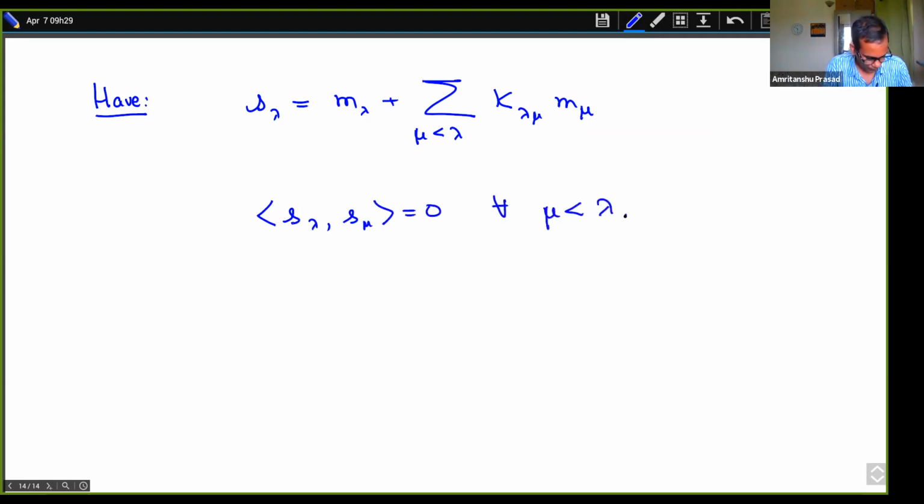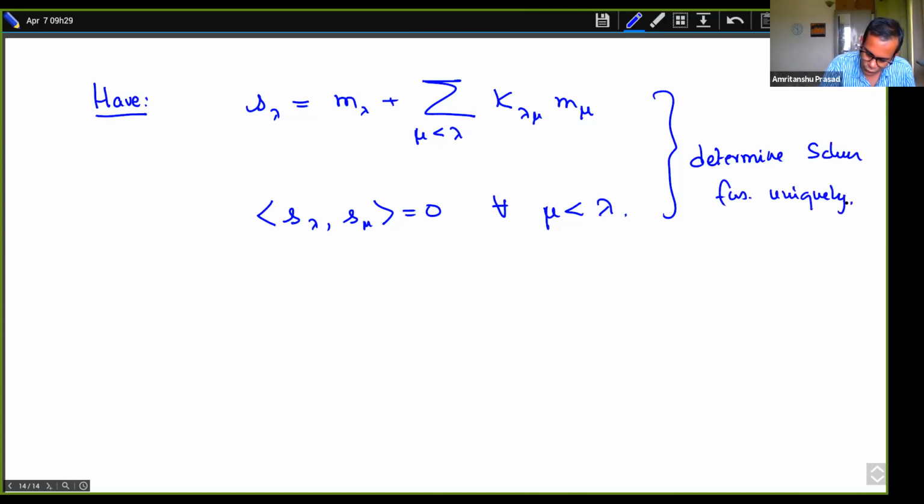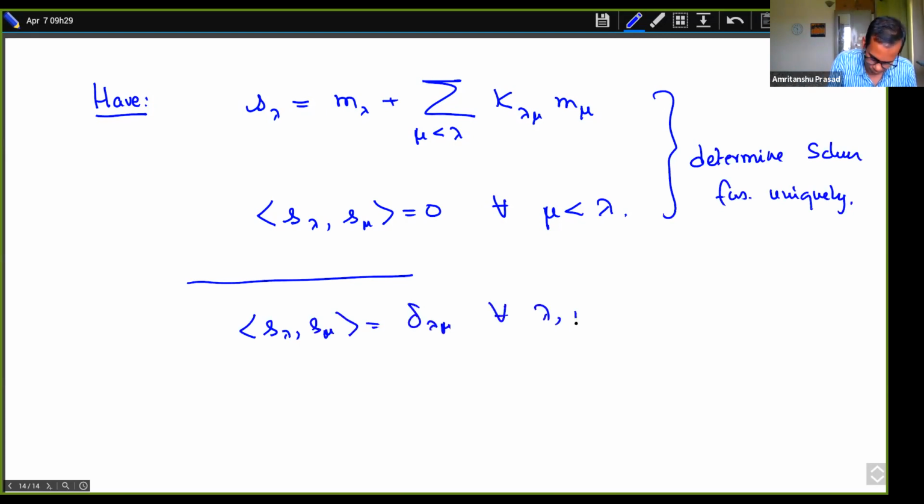But actually, these two would be enough to determine Schur functions uniquely. But actually we've proved something more. We have S lambda S mu equals delta lambda mu for all lambda and mu, not just when this inequality is satisfied.